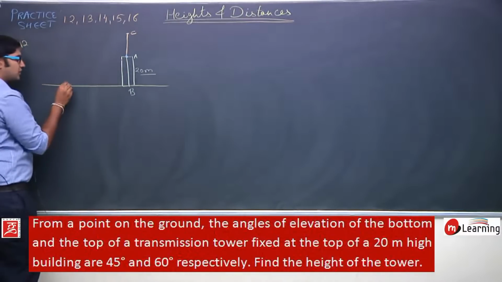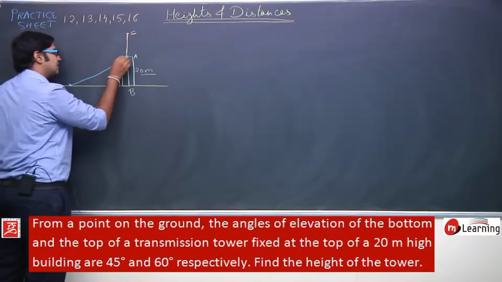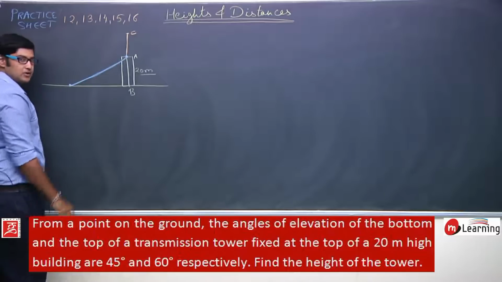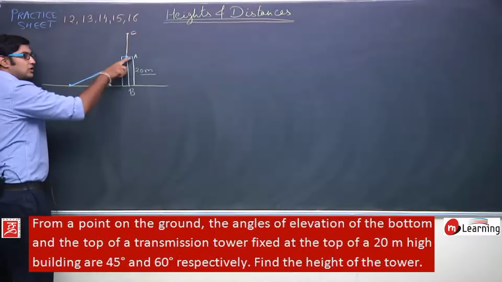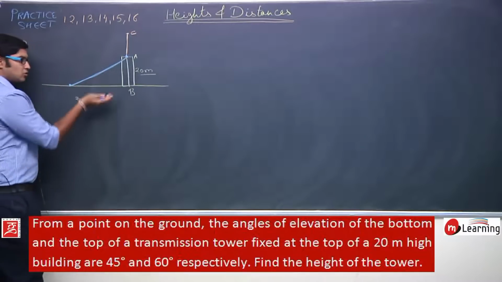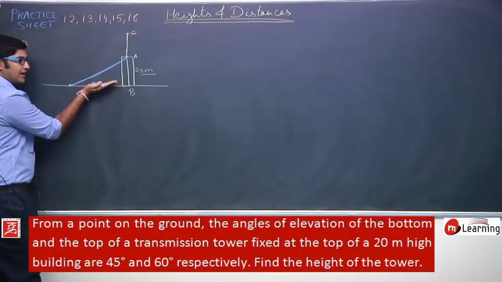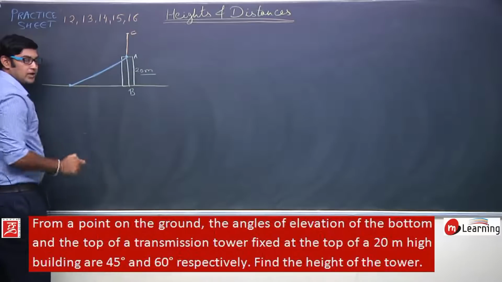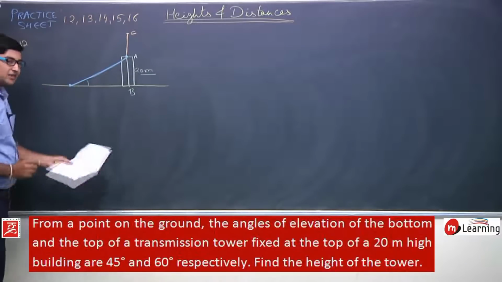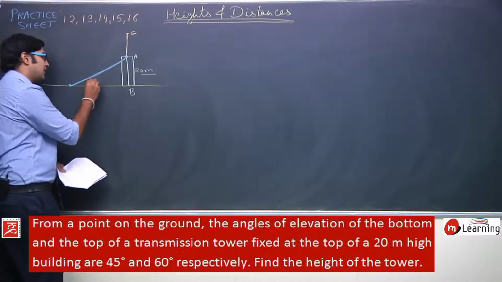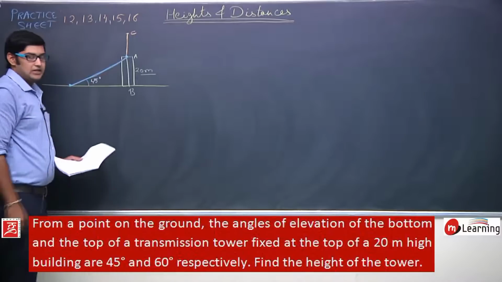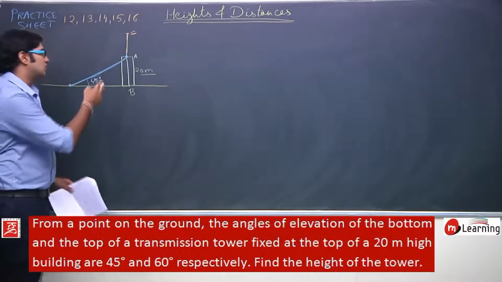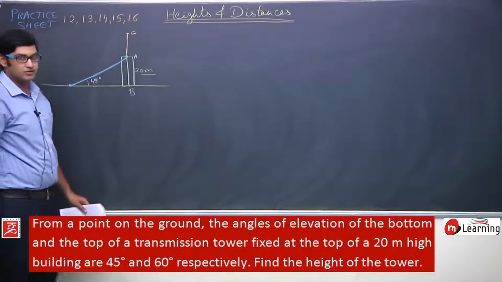To observe this point I need to move my head this much, with this line of sight drawn from my eye to the bottom of the tower. From the ground level I need to move my head at this angle to observe this bottom. And how many degrees is this? It is given as 45 degrees. So I need to move my head 45 degrees upwards to observe the bottom of this tower.